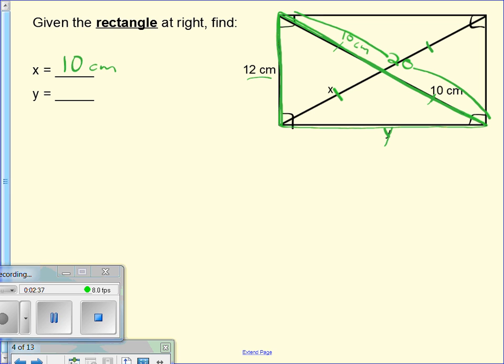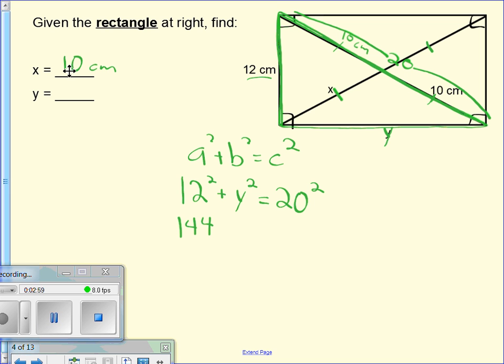So let's set up our best friend, the Pythagorean theorem. a squared plus b squared equals c squared. My a in this case is 12. My b is y, so I'll change it to y here. Equals, c is my hypotenuse always, so 20 squared. 12 squared is 144, plus y squared equals 20 squared, which is 400.